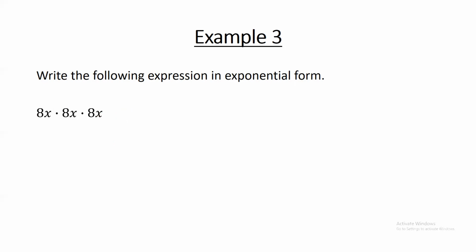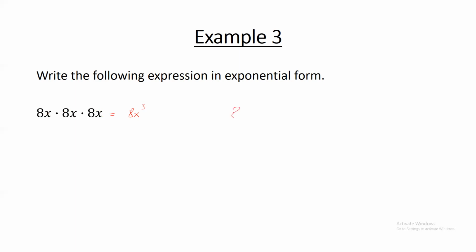Let's take a look at the next example. The number that's being multiplied by itself repeatedly is 8x. So that's our base. The amount of these is 3, right? There are 3 of these that are multiplied, so we raise to the third power. And again, if we do not put 8x in parentheses, if you read this expression, this says 8 times x to the third, right?